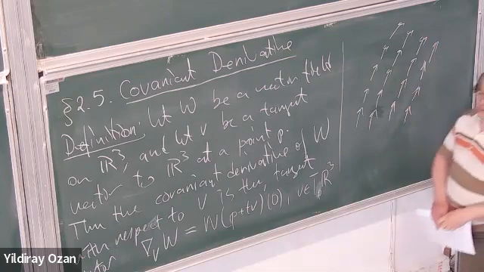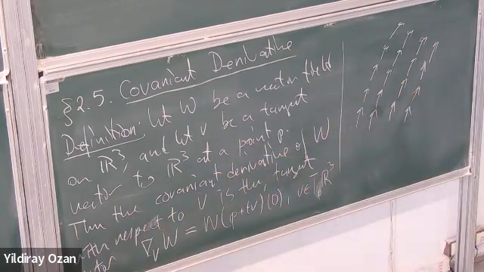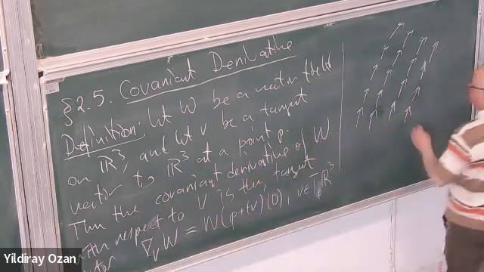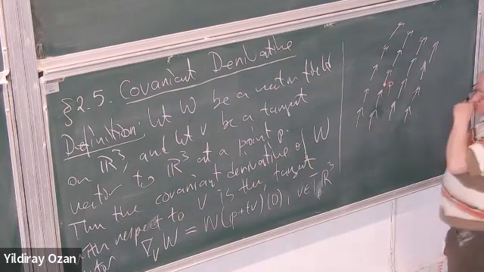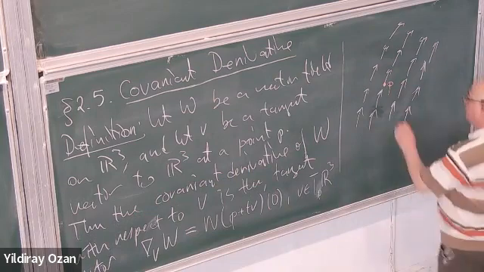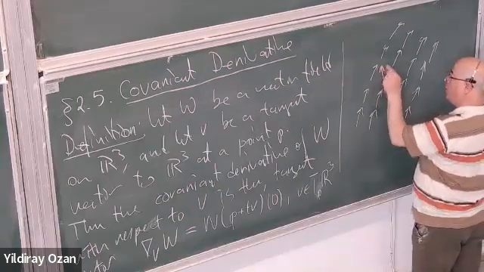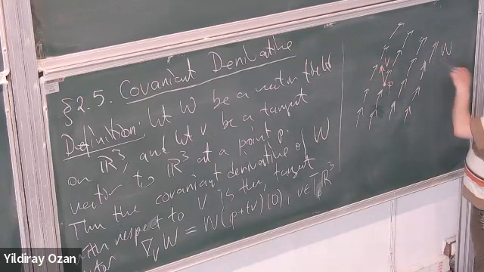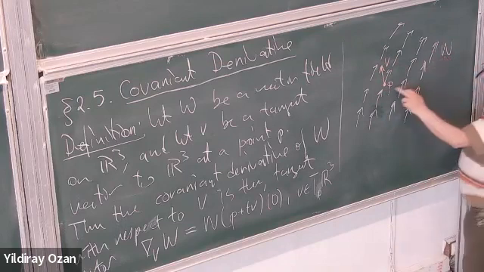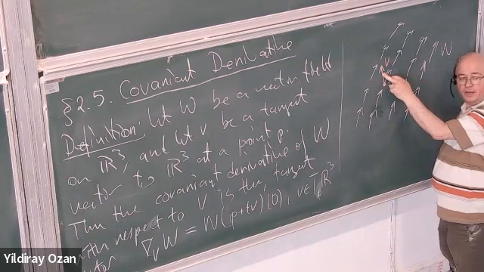And at some point P, suppose this is the point P, I am given a vector here, V. These are the vectors of W, the vector field W. And I would like to take the derivative of W at this point along this vector.